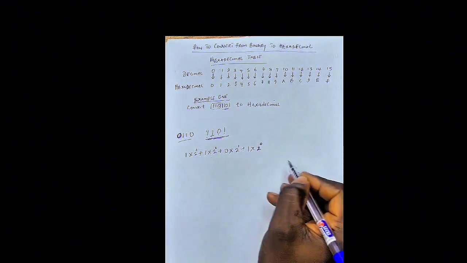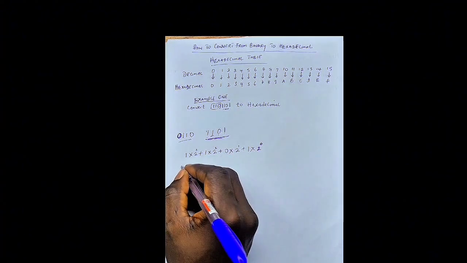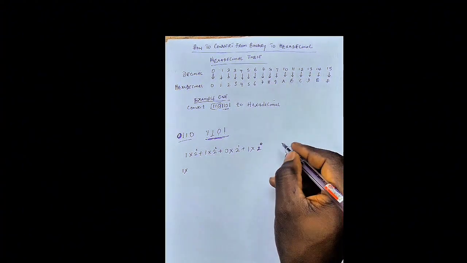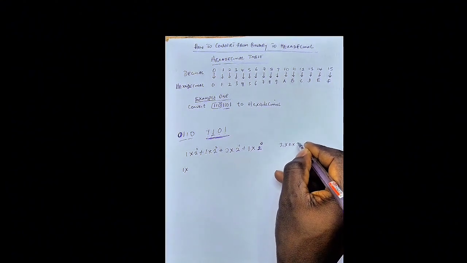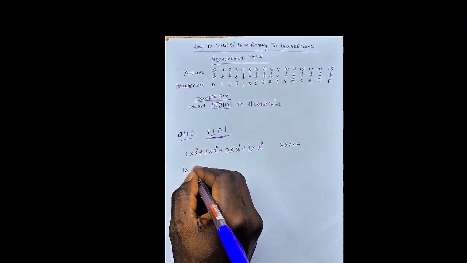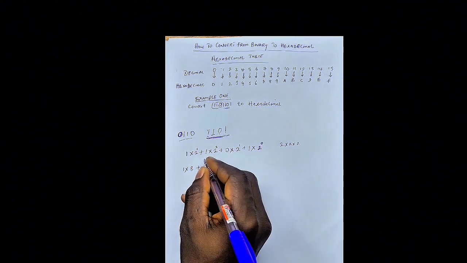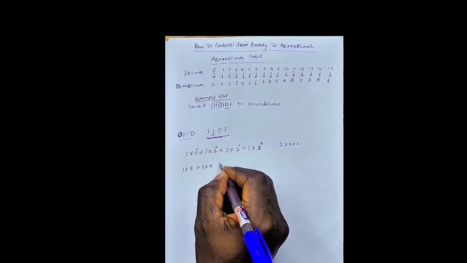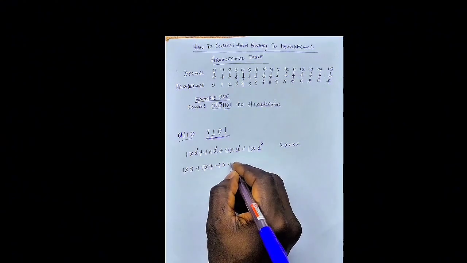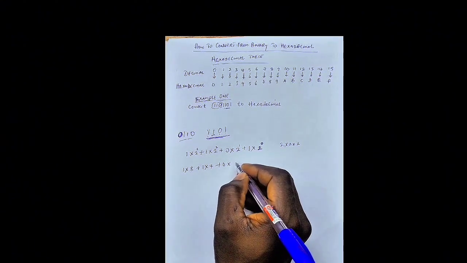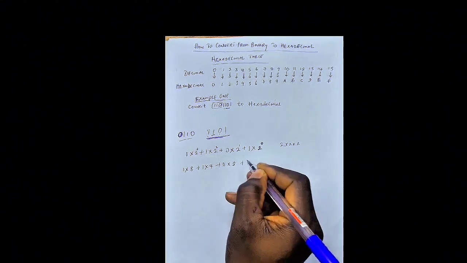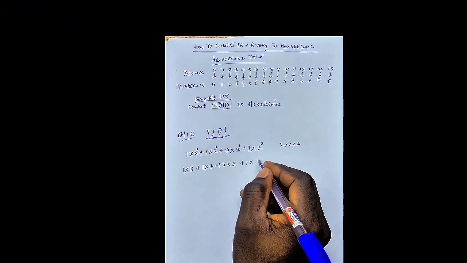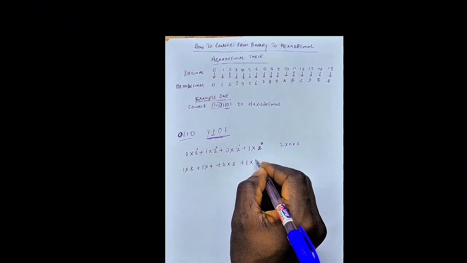Now you multiply across to get your answer. 1 multiplied by 2 raised to the power of 3 is 2 times 2 times 2, which gives you 8, plus 1 multiplied by 2 raised to the power of 2 is 4, plus 0 multiplied by 2 raised to the power of 1 is 2, plus 1 multiplied by 2 raised to the power of 0 is always 1.